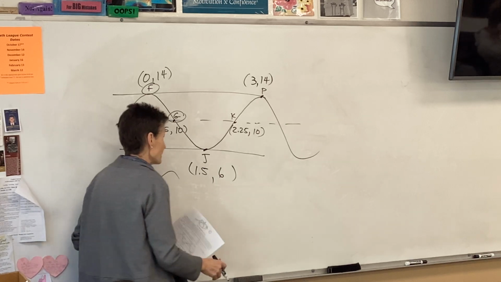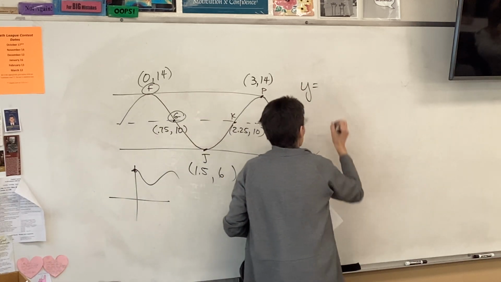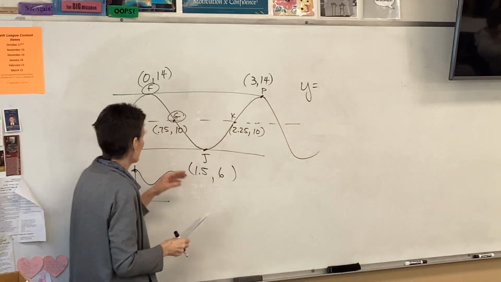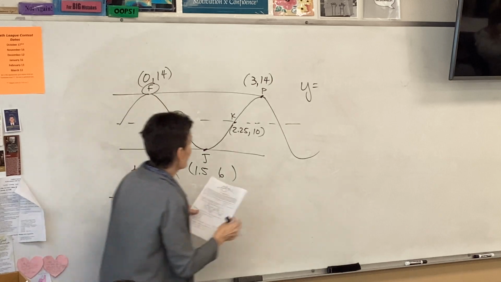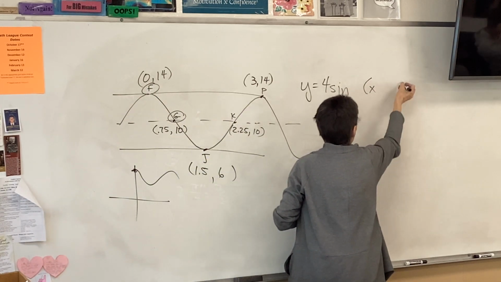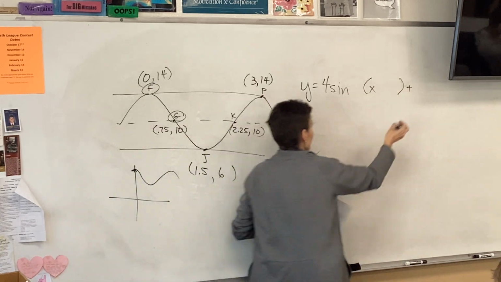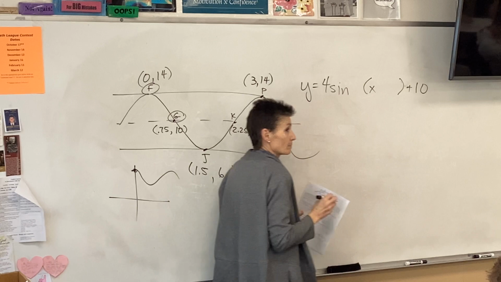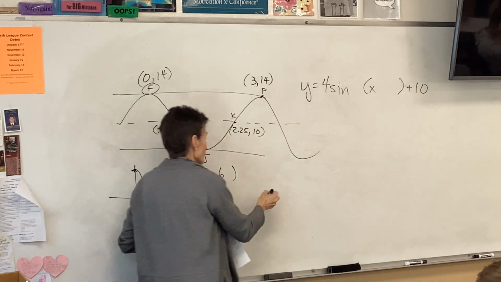And then we have to write an equation for this, and it's a sine equation. So we're going to write a sine equation. Well, the amplitude is 4. I know my midline is 10. Now what's the period? We said the period was 3, right?